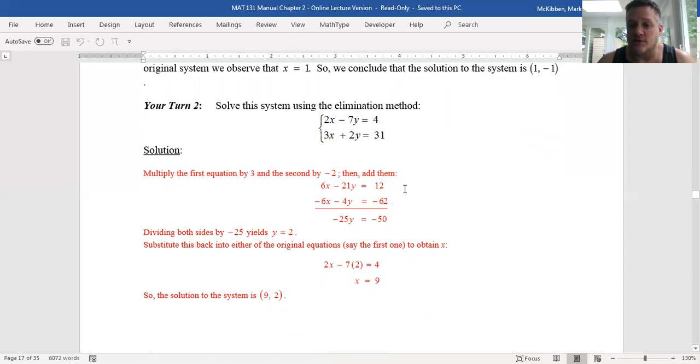Then it'll throw off the whole system. Once you've done that, the hard work is done, right? You add them down, the x terms go, and then you can just solve this equation for y, and then plug it back into either of those to find what the x value is, right? So the hard work, so to speak, is in trying to multiply both these guys by just the right number to make it work out.